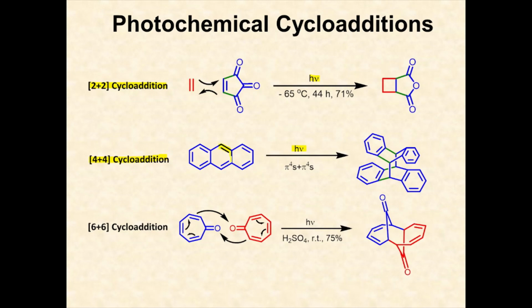So specifically, this diene system will take part in the reaction, the pi4 system with the pi4 system of another anthracene molecule, giving this product. 6+6 cycloaddition reactions are also possible with a cycloheptatrienone compound, and 2 molecules of those under photoirradiation in the presence of acid give another ring structure with 2 carbonyl groups on opposite sides of each other to minimize the electronic repulsions, giving us a compound like this.